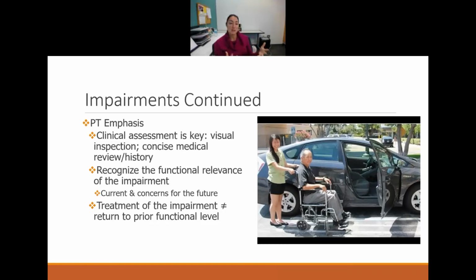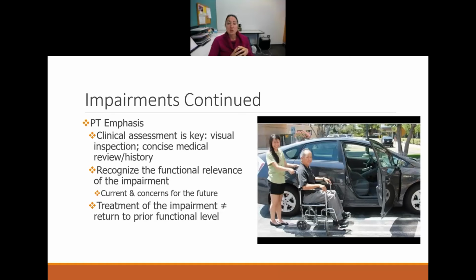You also want to recognize the functional relevance of the impairment, what they have now and future impairments. For example, let's say it's somebody with a spinal cord injury, and they have to have a catheter or have somebody help clean up bowel movements because they don't have full or any control over urination and bowel movements.